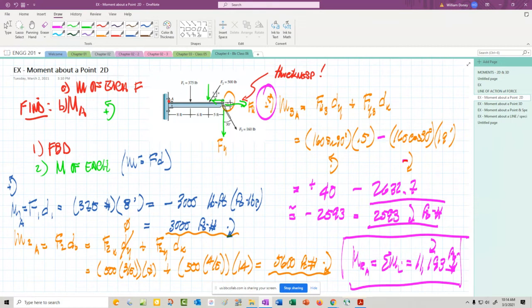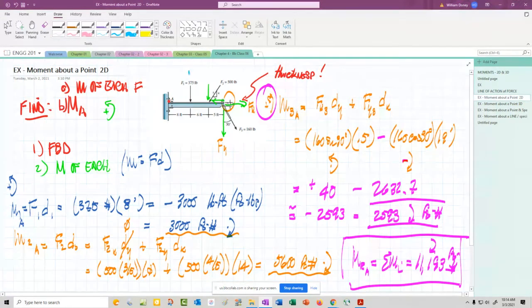All right, real quick sort of gut check. Does this make any sense at all, this answer? Well, numerically I can't say without checking my math. But if we look at it this way: this force here is trying to rotate this way.